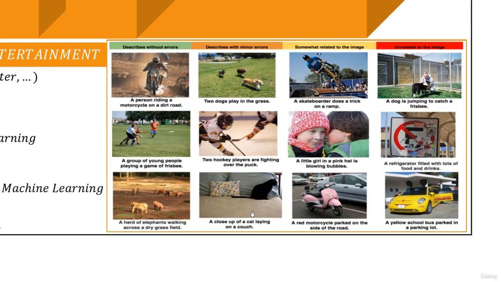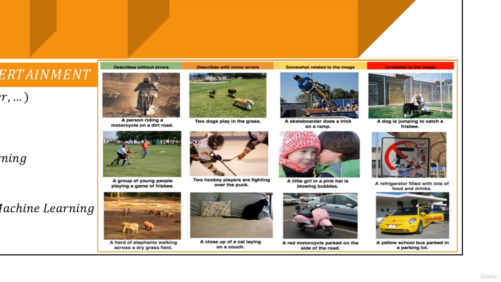Still in the media and entertainment industry, we have image captioning, in which, given an input image, the machine is able to understand that image and produce this kind of output. So we have, for example, a group of young people playing a game of frisbee, two dogs playing in the grass, and all these other examples we see here. A clear example of how this is used is in Google Photos.